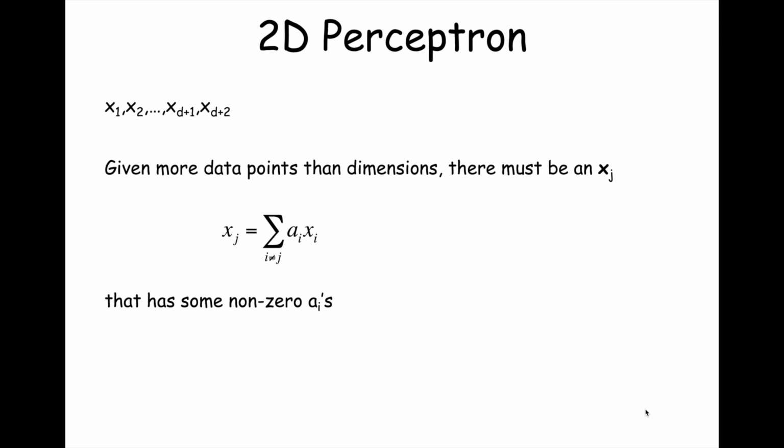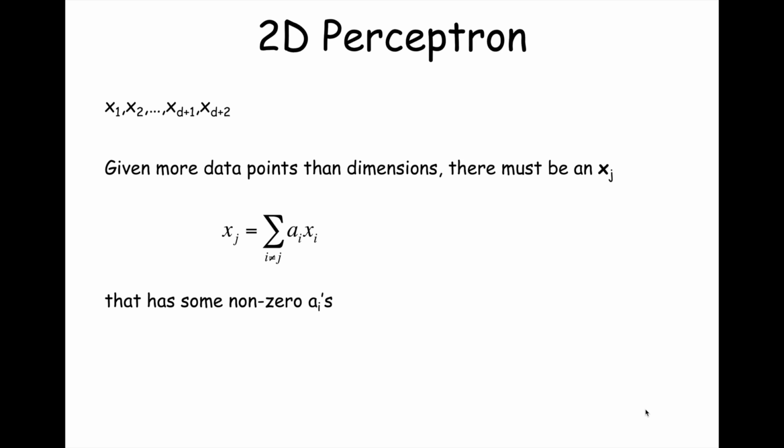Some of those data points will contribute nothing, some will contribute positively, and some will contribute negatively to the eventual sum, which leads to your xj.